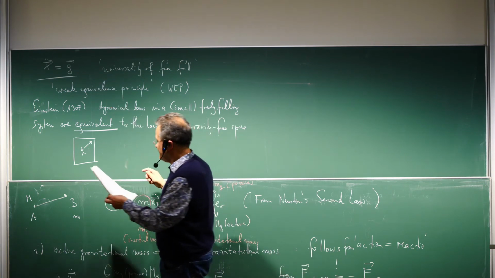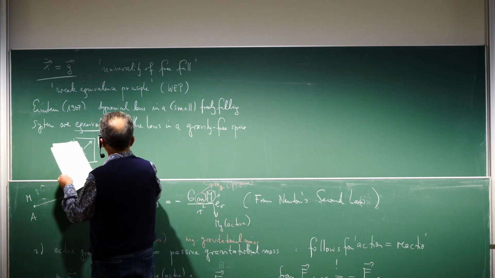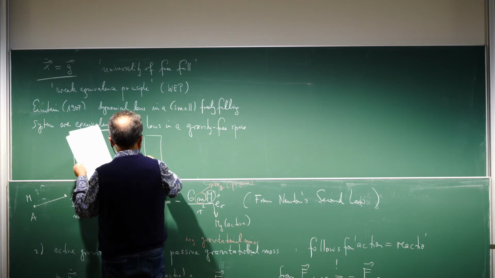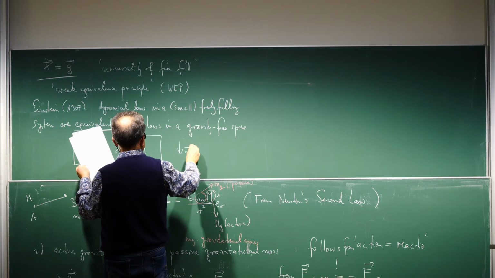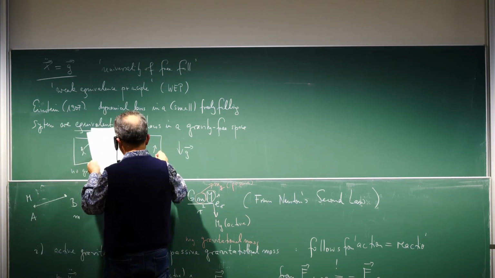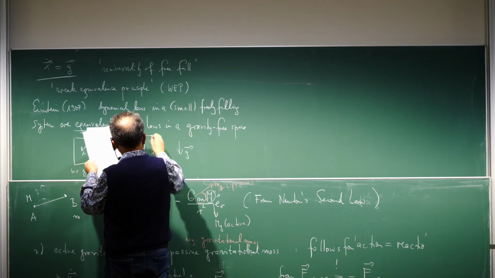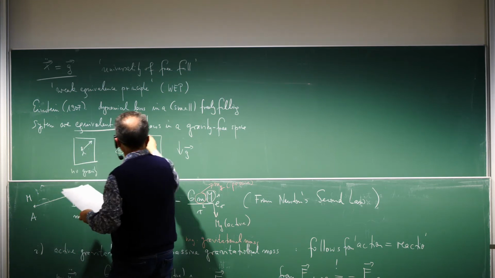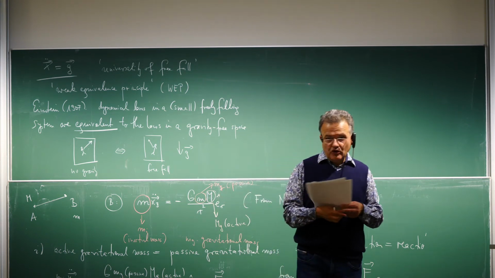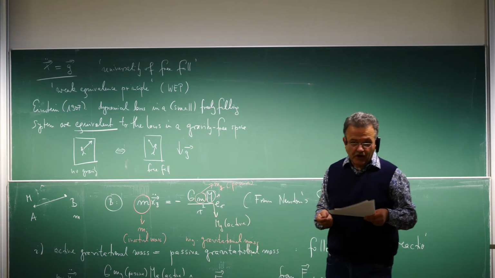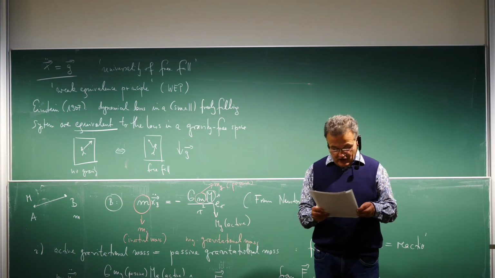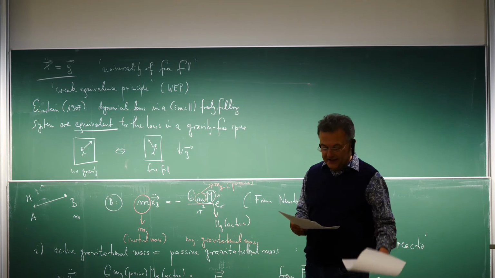There's no force, and this is equivalent to being in gravity and freely falling. So here there's no gravity, and if you throw a ball, the ball will continue to move on a straight line. By no means inside that small box can you distinguish whether you are really freely falling or whether you are floating in interstellar space.